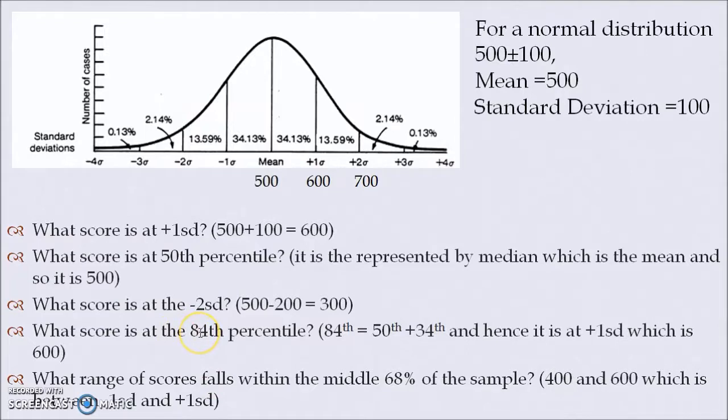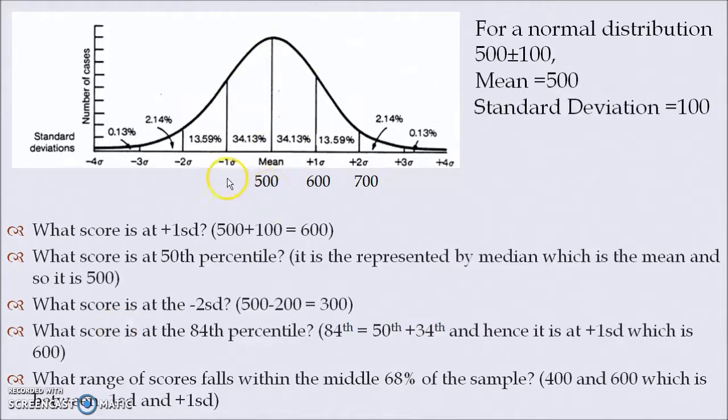What is my 84th percentile? Once again, look at the graph. When you look at plus 1 standard deviation away from the mean, you see it is 34, and the mean is at the 50th percentile. So I can do 50th plus 34, which gives me the 84th. That means it is the value at plus 1 standard deviation, and that is 600.